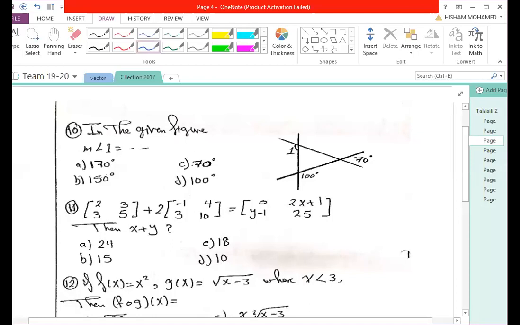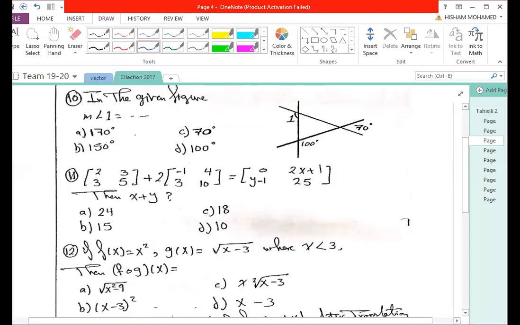Question 10. In the given figure, as we can see, I have angle 1, I have angle 70, and I have angle 100. We all know that these two angles are equal by vertically opposite angles.